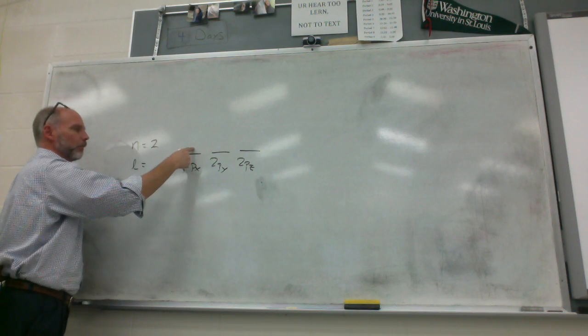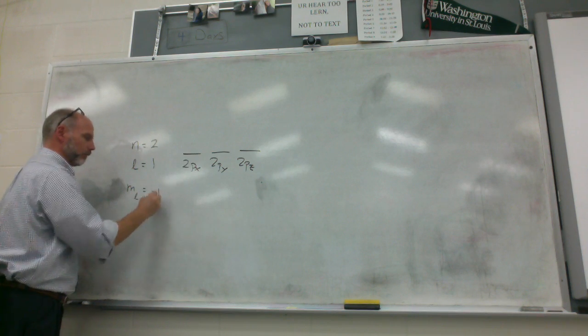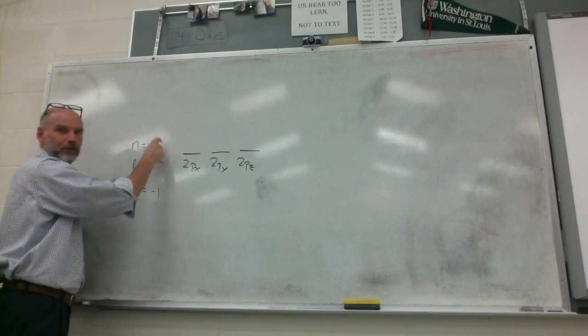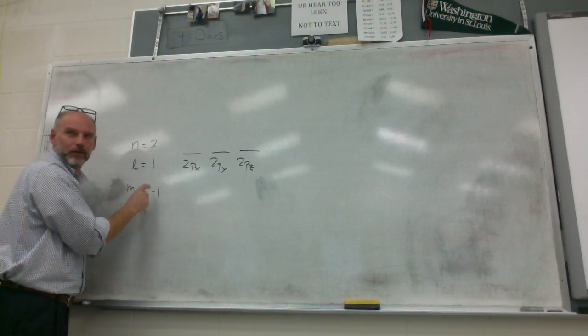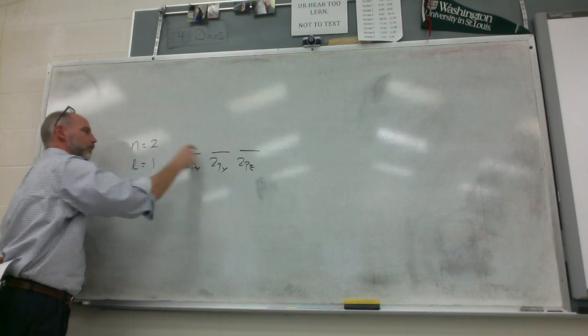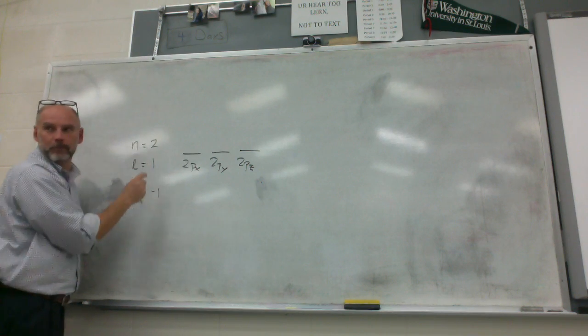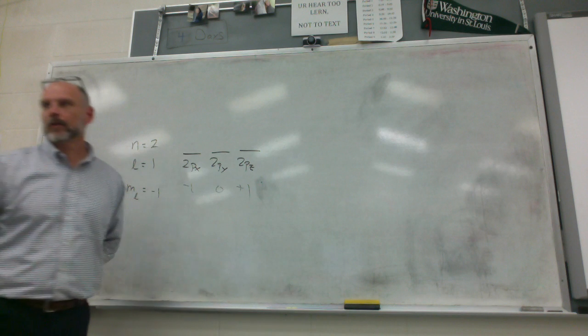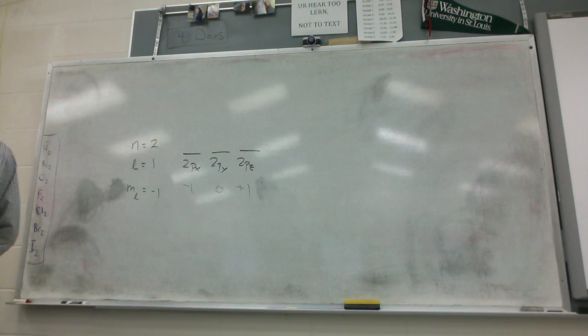What value of L? 1. What value of M sub L? Negative. This orbital: 2, 1, 0. 2, 1, 1. There you go. Okay? So the M sub L refers to specific orbitals.